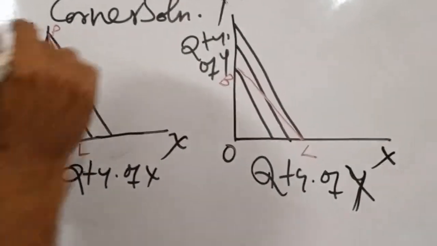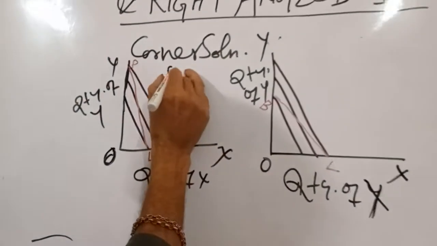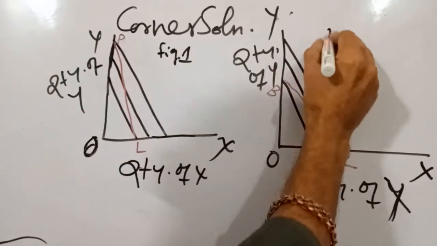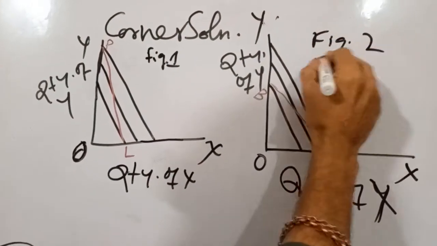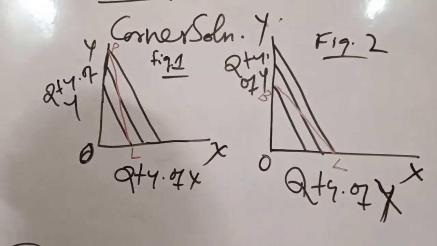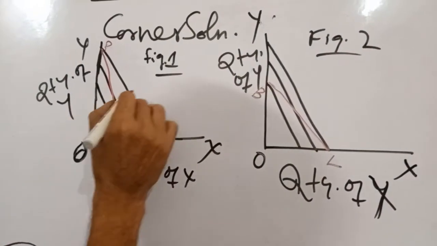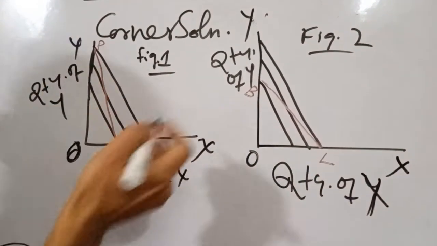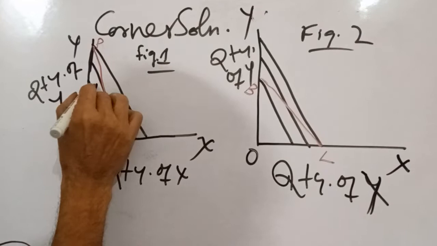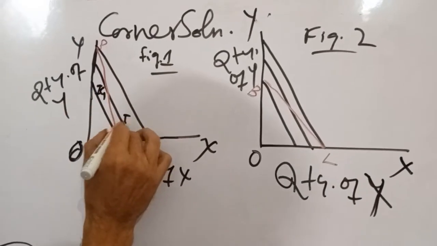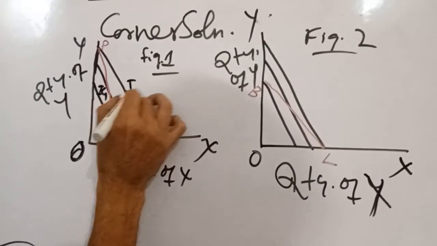First consider figure 1. These are three successively higher indifference curves. Say this is IC1, this is IC2, and this is IC3.